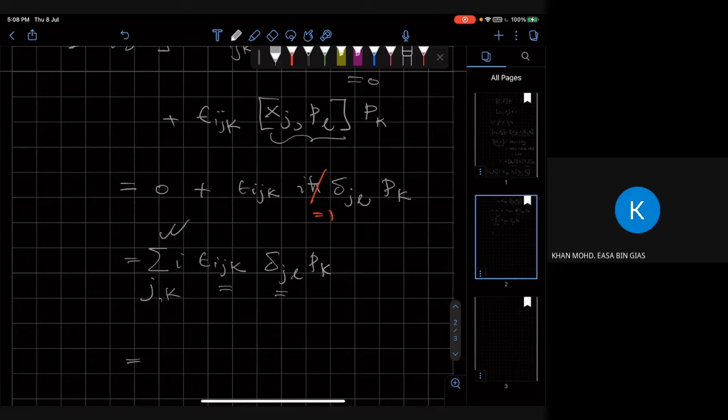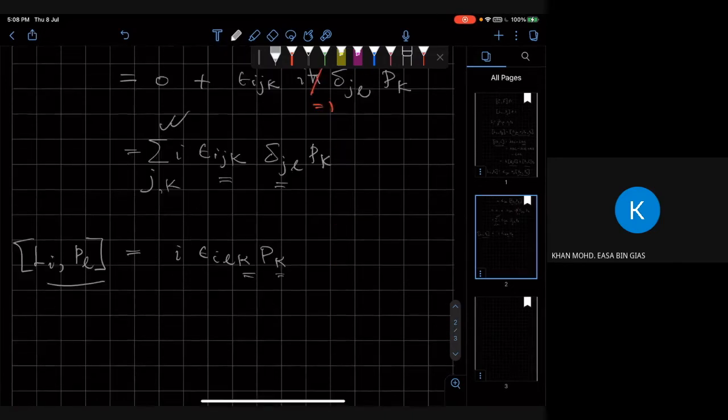So now we can sum over j and replace j by l. So I get i epsilon_ilk p_k. So this is going to be the result of the commutator of L_i and p_l. As you can see, on the right-hand side, k is summed over, and therefore it's a dummy index, which is not present on the left side.